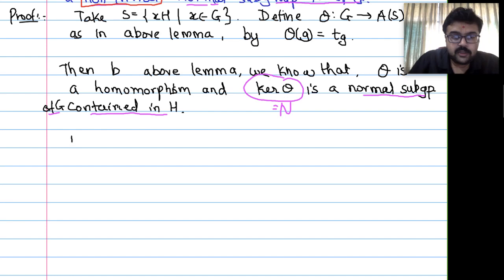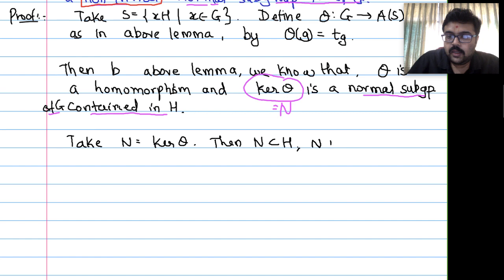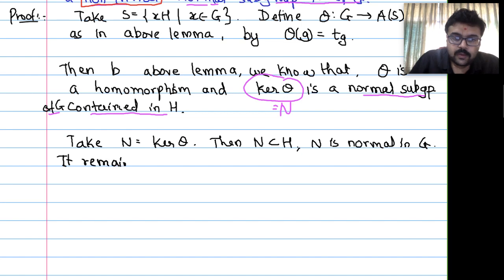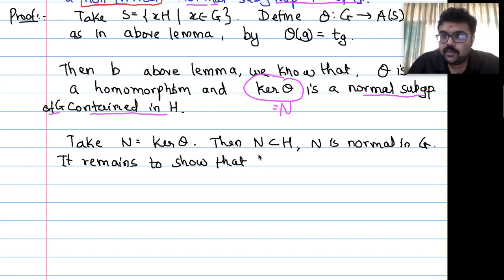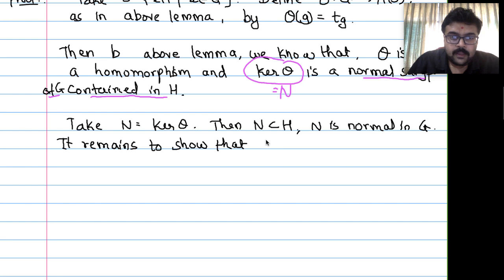We take N equal to the kernel of theta, then N is a subset of H, and N is normal in G. So it remains to show that N is non-trivial.